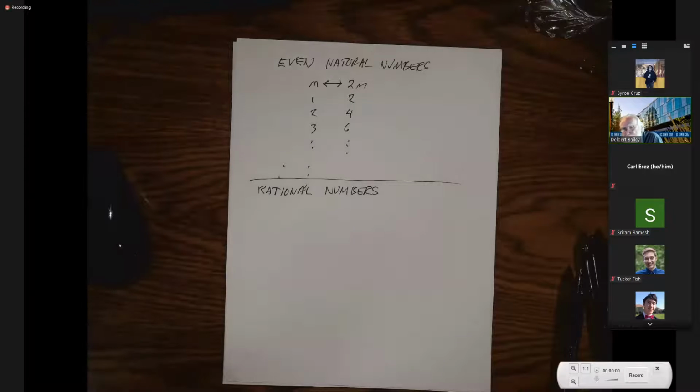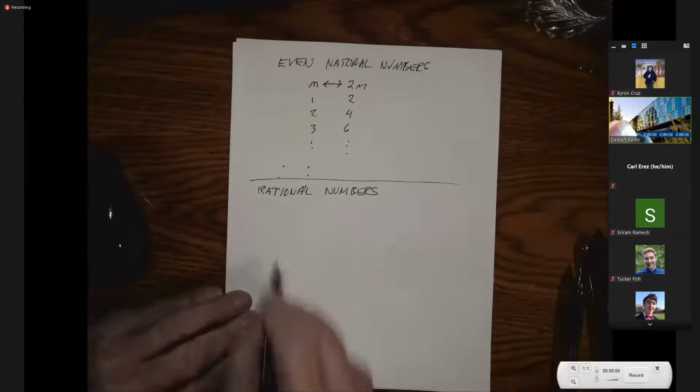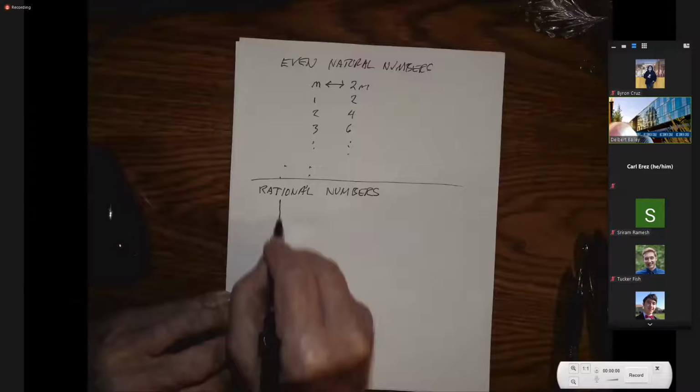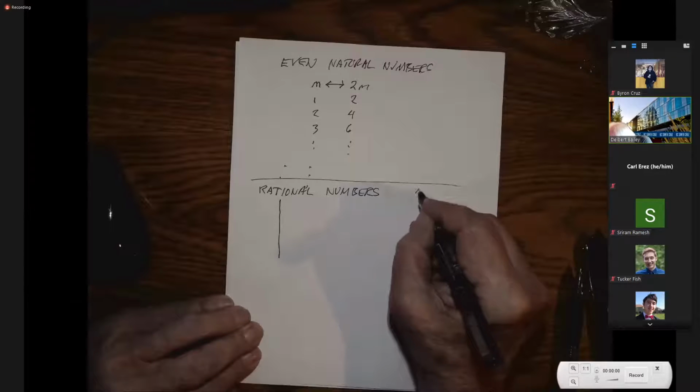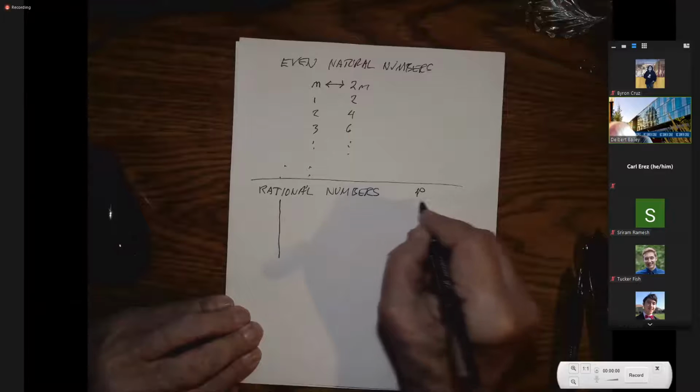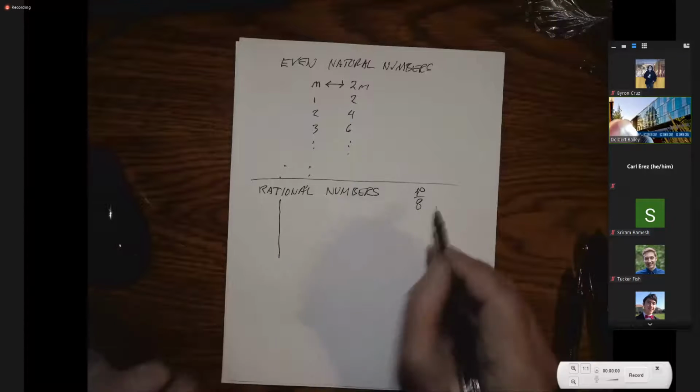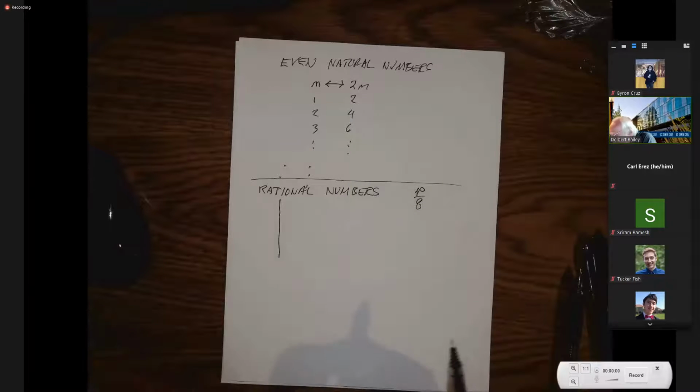To make the reasoning clear, I'll take a simpler case. Let's just say positive rational numbers, okay? Rational numbers are what? It's P over Q, where both P and Q are natural numbers.